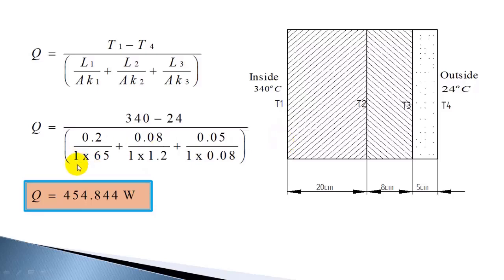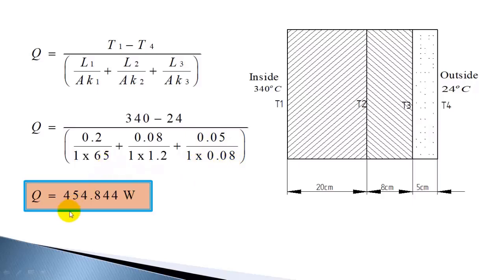Thermal conductivity is 65. For the second layer, the thickness is 8 cm or 0.08 meter, again area is taken as unit, and the thermal conductivity is 1.2 watts per meter Kelvin. For the third layer, 5 cm is 0.05, area is 1 and thermal conductivity is 0.08 watts per meter Kelvin.